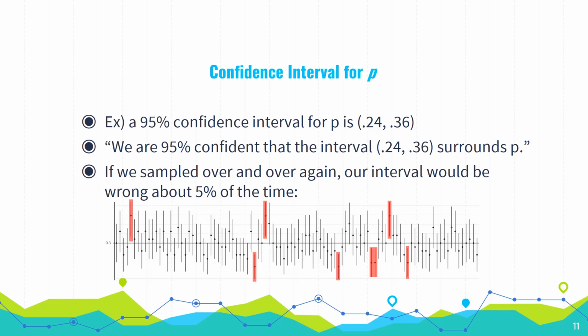And a way of understanding what that means: if we were to sample again and again and again from this population, and every time we sampled, we calculated a confidence interval, our interval should correctly capture the population proportion roughly 95% of the time. Or in other words, it's going to miss the mark about 5% of the time.